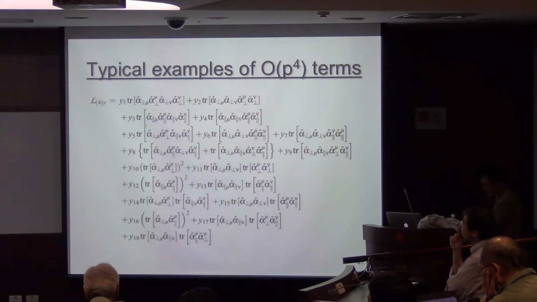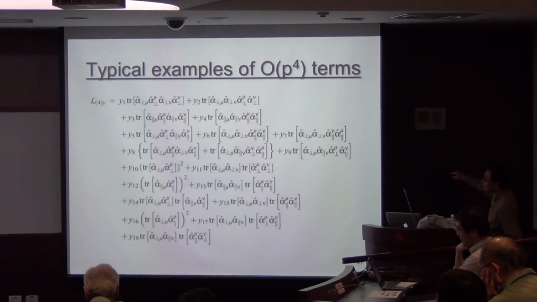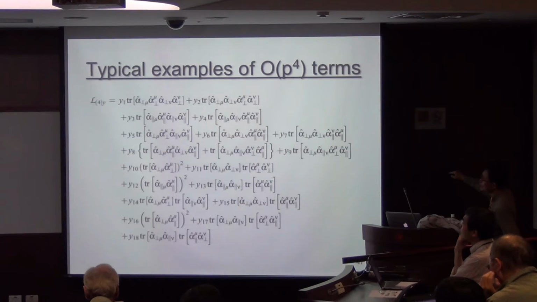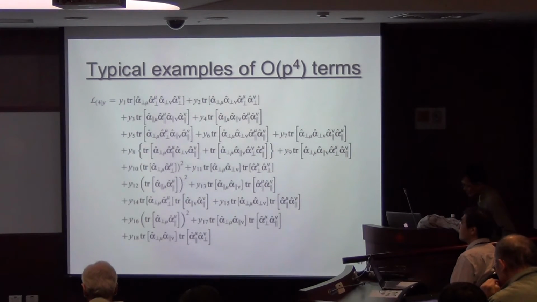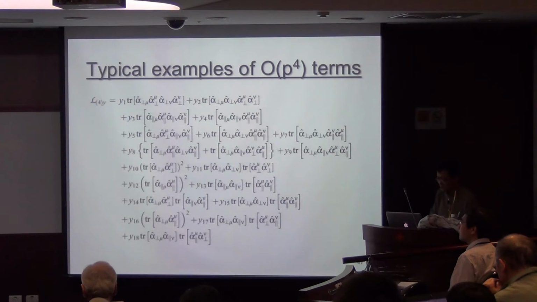Okay, then this is an example of some order P4 term. Order P4 means that 4 derivatives are included. This alpha mu includes 1 derivative. Then if you have 4 alphas in one term, that term includes 4 derivatives, and we count it as order P4.